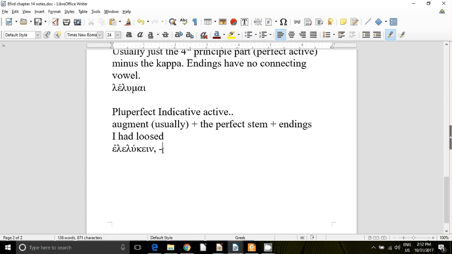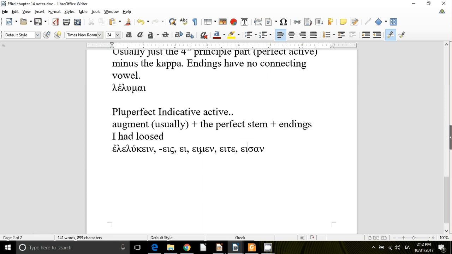The endings are ein, eis, ei, eimen, eite, eisan. We're going to have to type in Greek though. So there you go. So elelykein, elelykeis, elelykei, elelykeimen, elelykeite, elelykeisan. So those are my pluperfect endings.